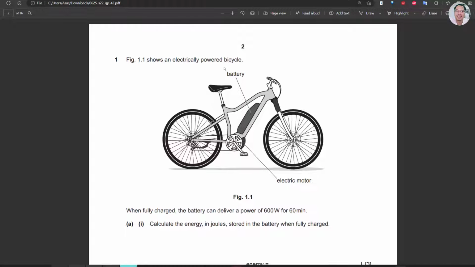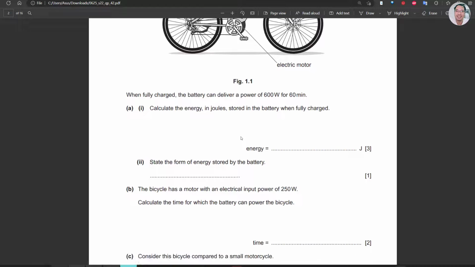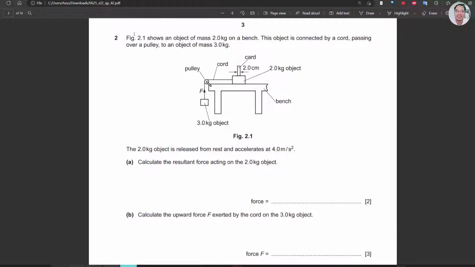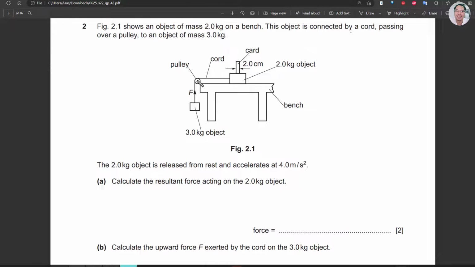Electrical powered bicycle. We haven't learned electricity, so we skip it. An object of mass 2 kg is on a bench. This object is connected by a cord passing over a pulley to an object of mass 3 kg down here. The 2 kg object on the table is released from rest and accelerates at 4 meters per second squared.